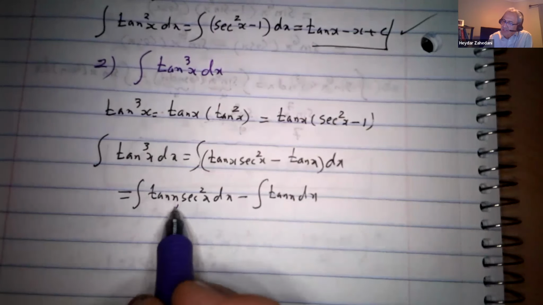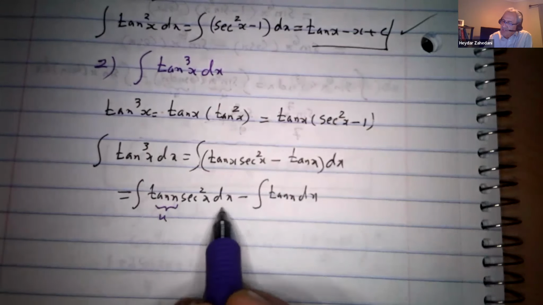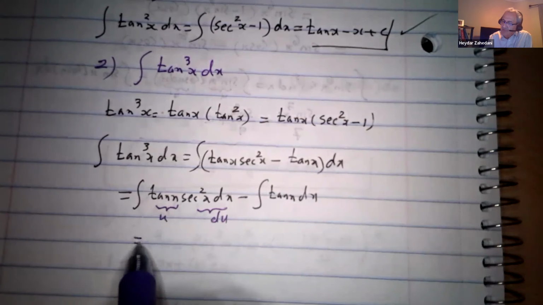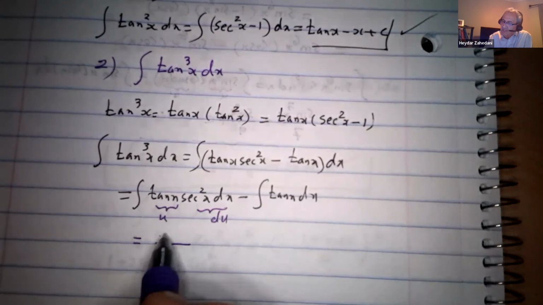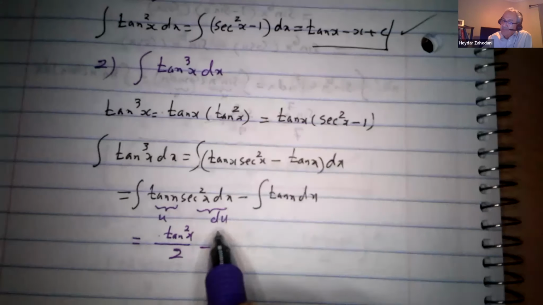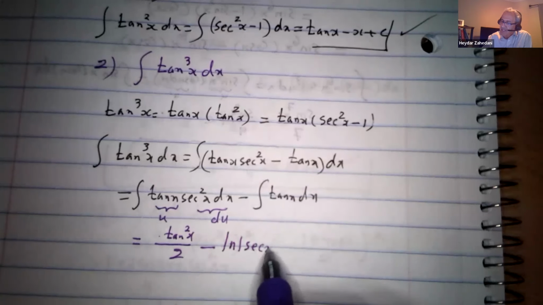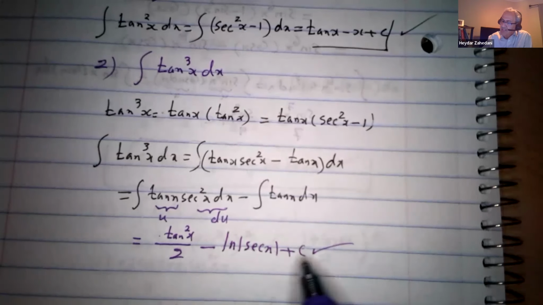You know that if you take this one to be u, this is going to be your du. So it's going to be u squared over 2, which is tangent square of x over 2, minus the integral of the tangent. I've already talked about it. It's minus ln of the absolute value of secant x plus c, and then you're done.